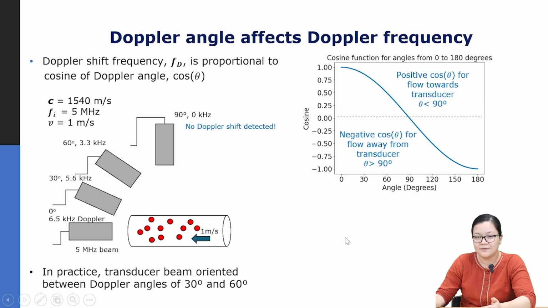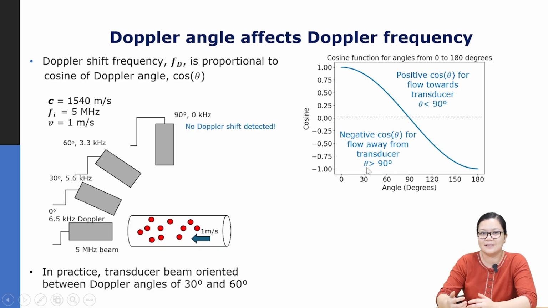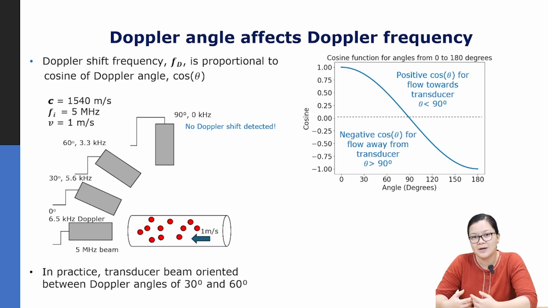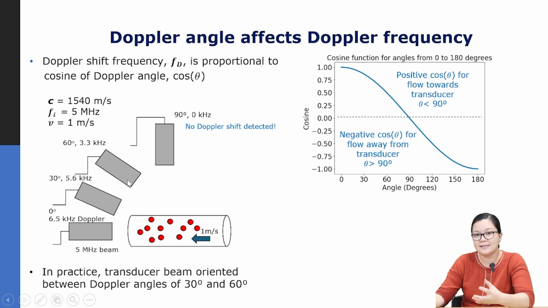If you have a negative cosine theta, or higher Doppler angles of more than 90 degrees, then that indicates that the reflector is moving away from the transducer. Typically, we would like to orient the transducer beam between Doppler angles of 30 to 60 degrees to get the best estimation of the Doppler frequency.